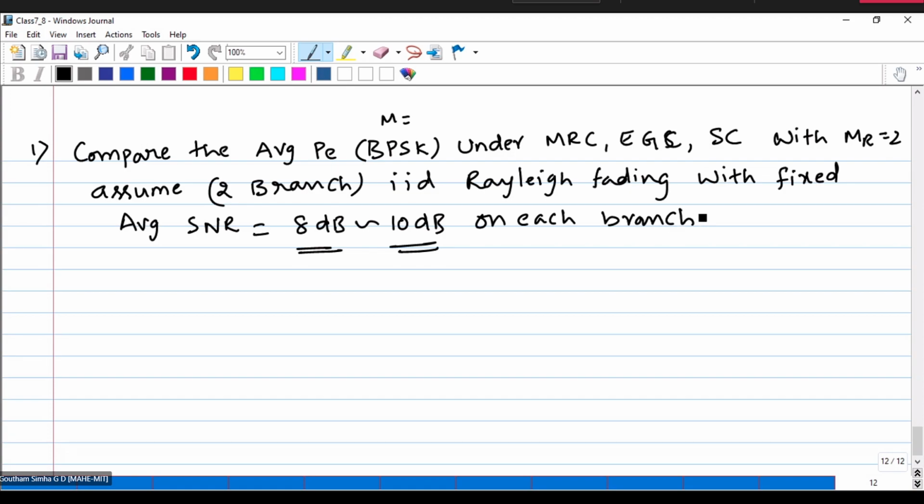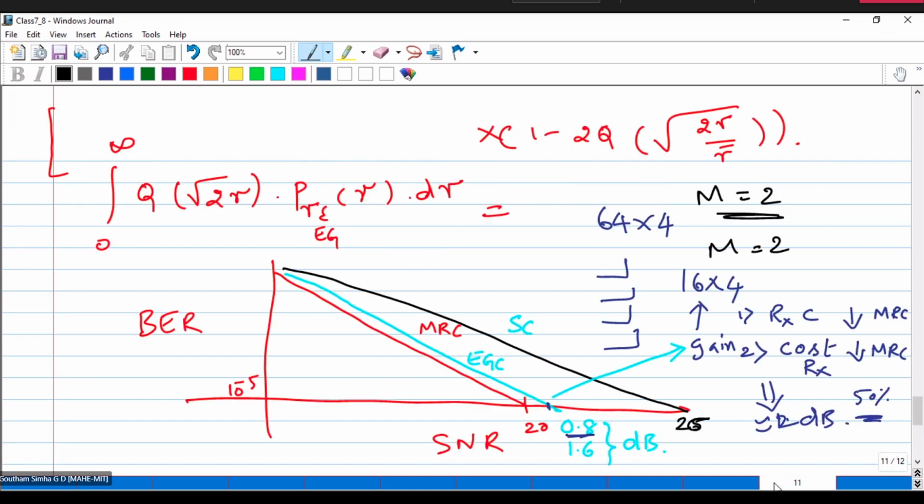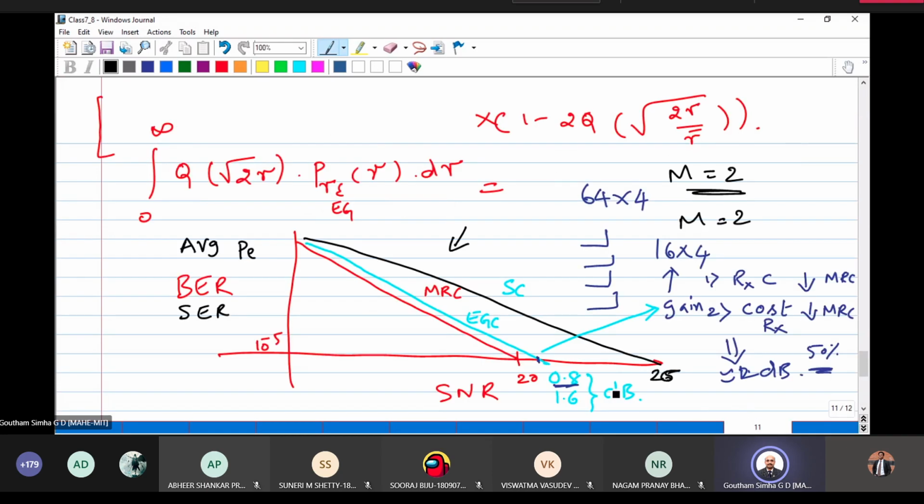This will be a very important question. What I've asked you is based on the analogy I have given. Based on this BER versus SNR, whether BER, SER or average probability of error, everything boils down to the same figure.